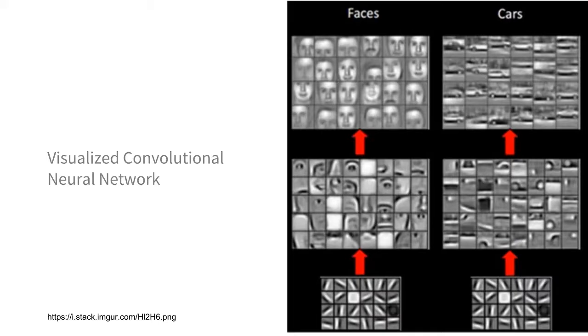And so at the bottom, just a bunch of different line segments in different orientations. The next hidden layer, which is directly connected to the previous hidden layer, is actually able to build those edges into facial features. And so we have things like eyes, nose, mouths, etc., that it's building from the inputs that it sees from the first hidden layer.